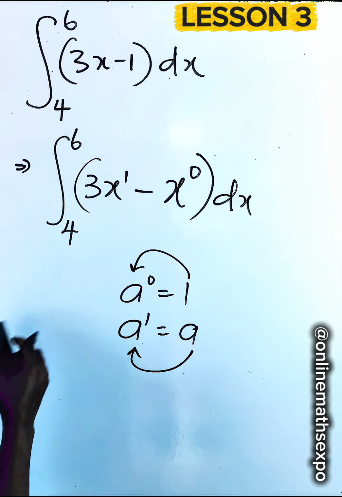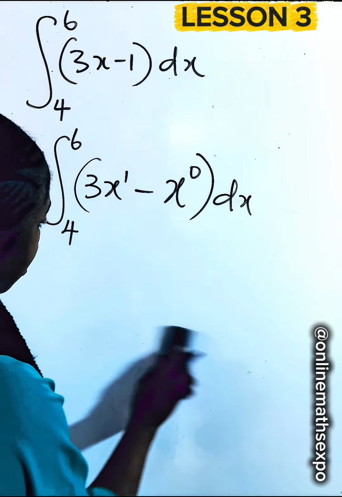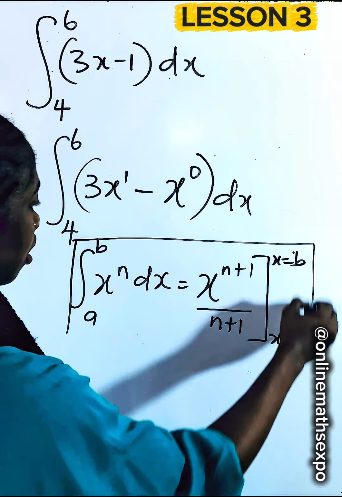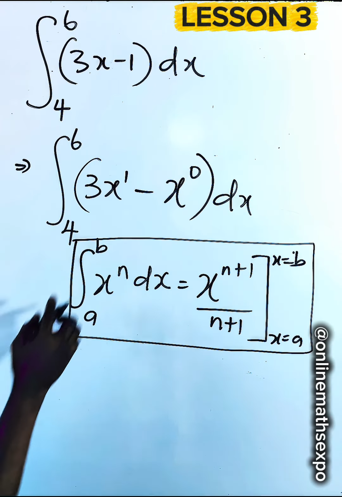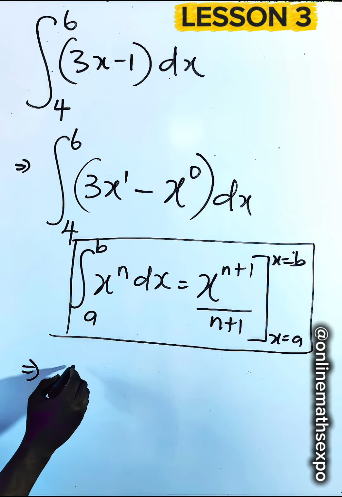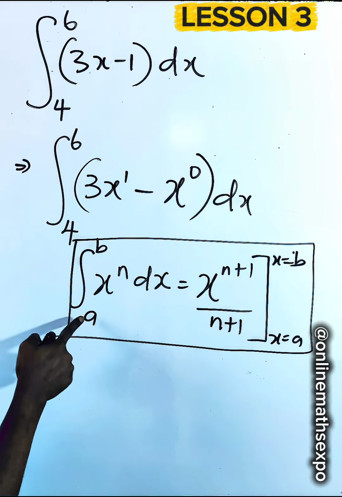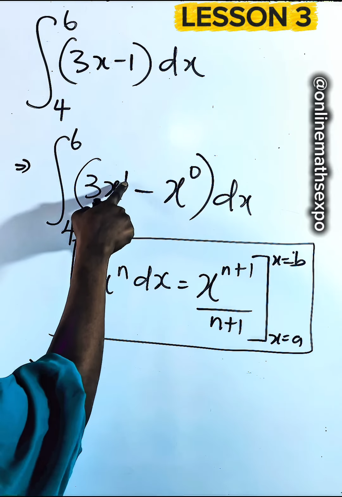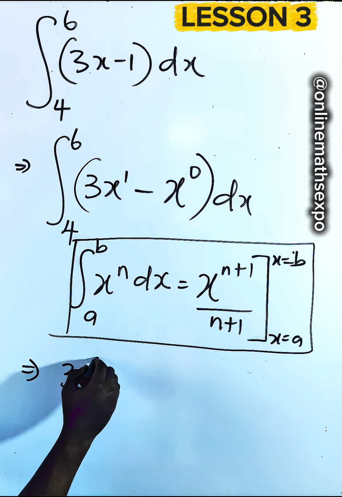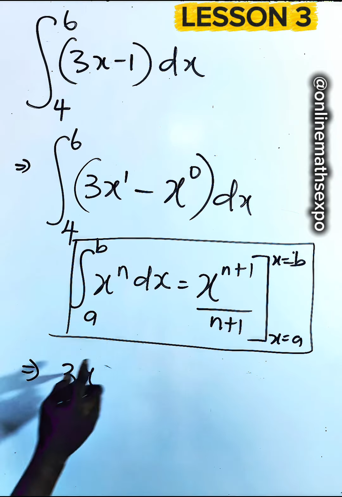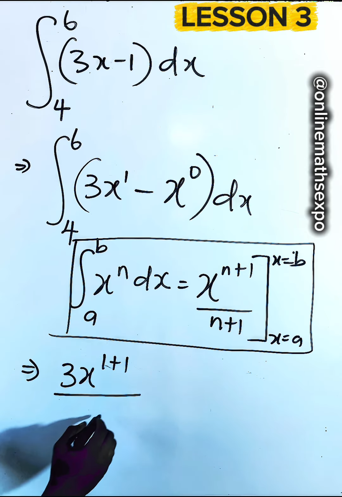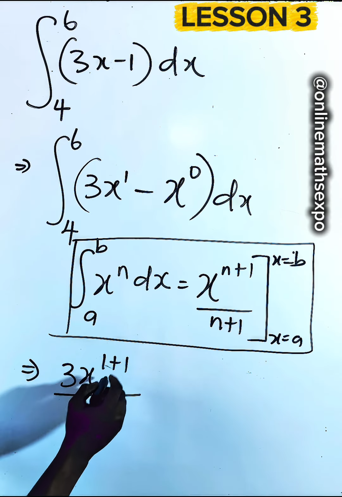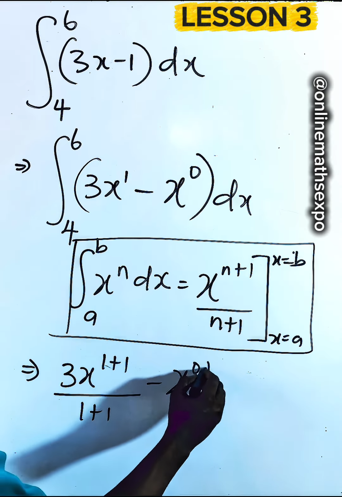Now, what do you do at this point? Just remember that this is going to be our guide. So applying this here, we are now going to have 3. When you start integrating, remove the integral sign. So we have 3x, increase this power by 1. So you have 1 add 1, divide by 1 plus 1, minus x to the power of 0 add 1.